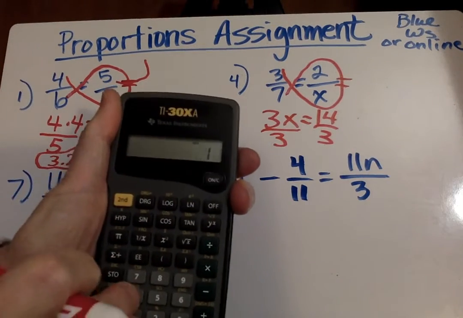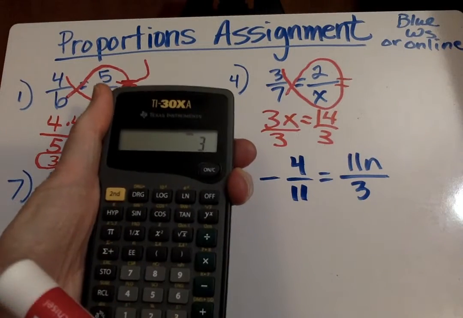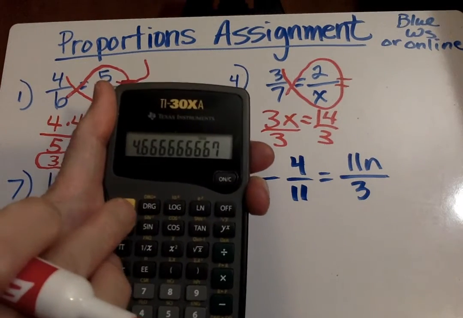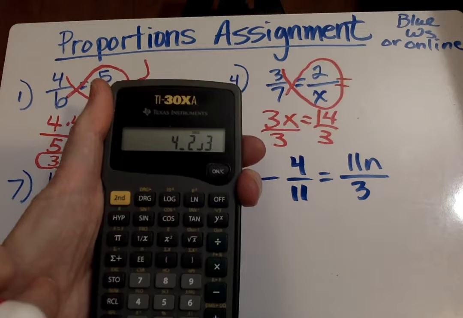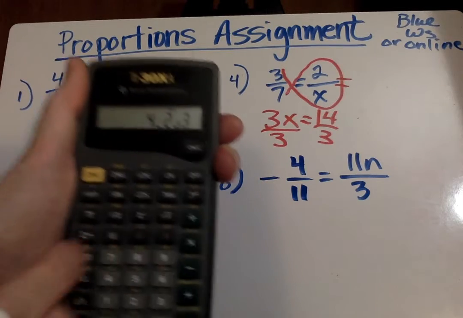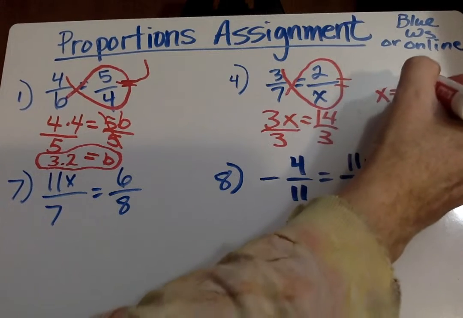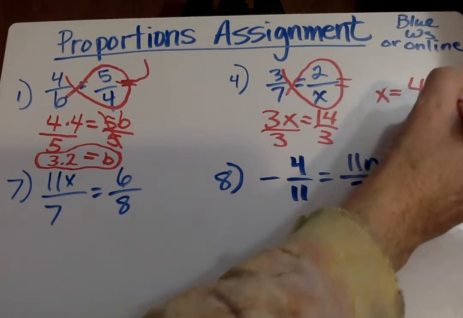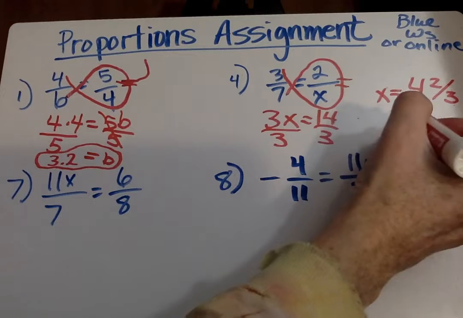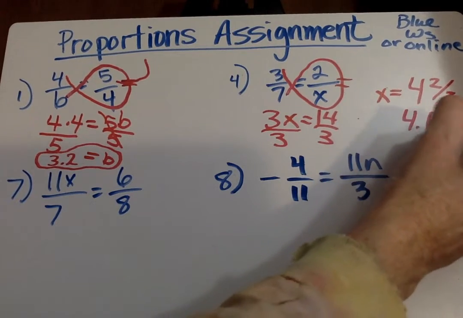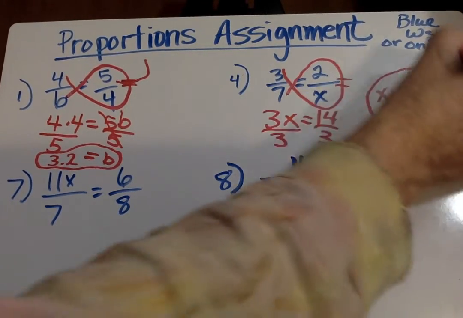So we go 14 divided by 3. Oh, that's an ugly decimal. Let's change it to a fraction. 4 2/3. So we say x equals 4 2/3, or 4.67 if you wanted to do decimal form. Okay.